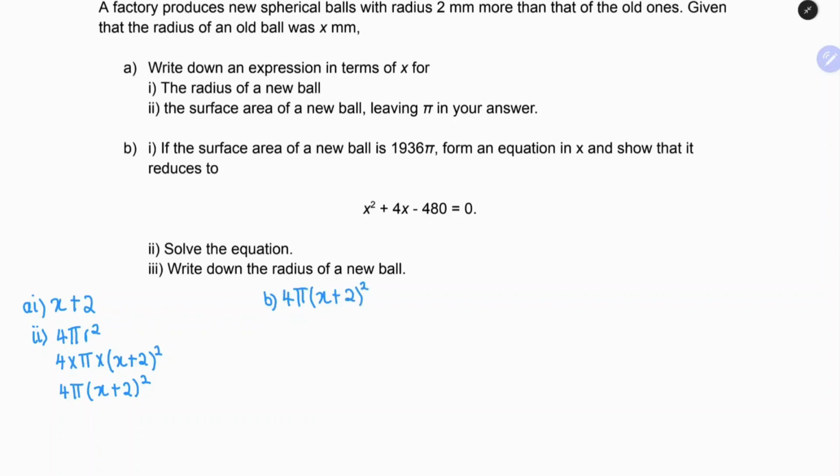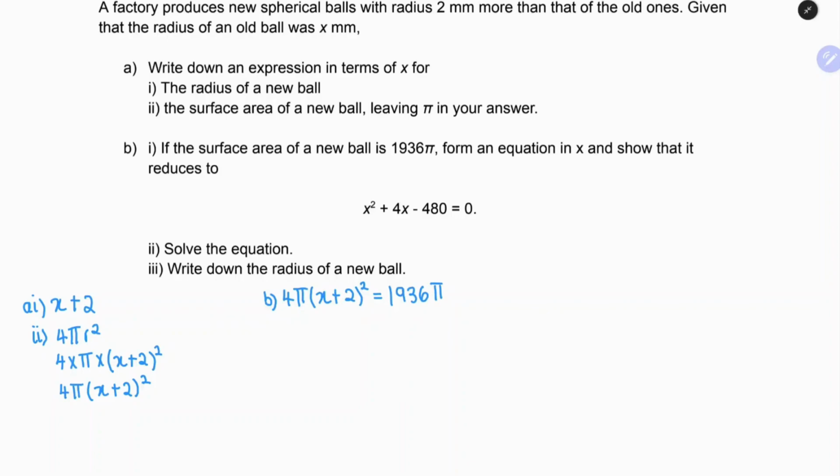So if this is the surface area, and they're saying that it equals 1936 pi, form an equation in x and show that it reduces to x squared plus 4x minus 480.